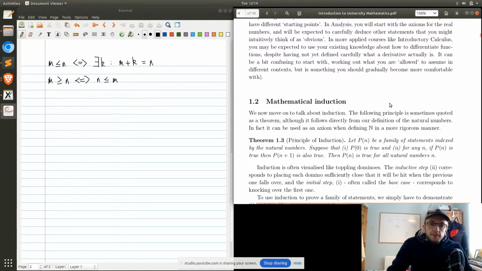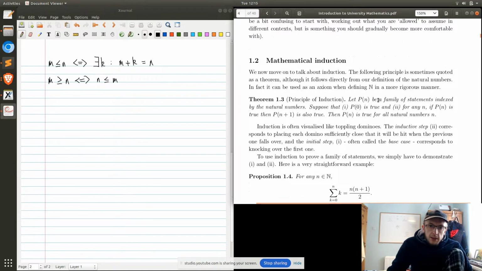Mathematical induction. We now move on to talk about induction. The following principle is sometimes quoted as a theorem, although it follows directly from our definition of the natural numbers. In fact, it can be used as an axiom when defining the natural numbers in a more rigorous manner.